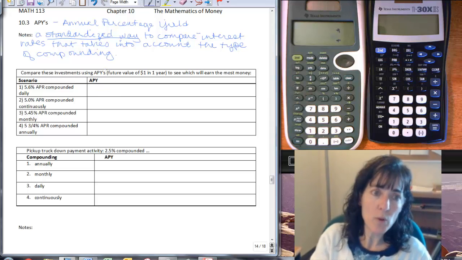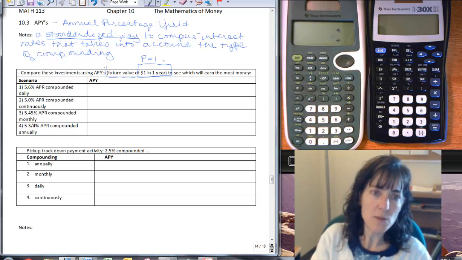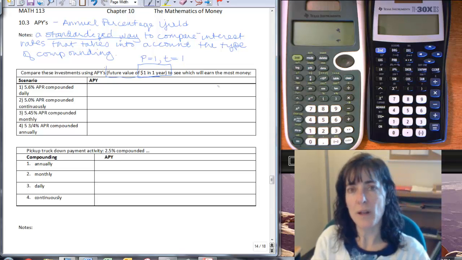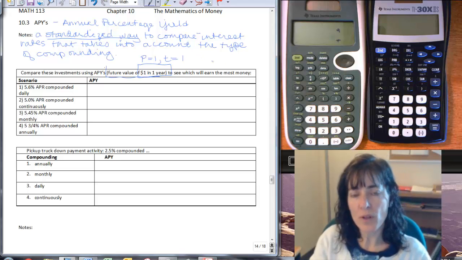So to do that, we will use every time a future value, we find a future value for $1 for 1 year. So our P is always going to be $1 and our T is always going to be 1. And then what we will do is find the percent increase for the account.